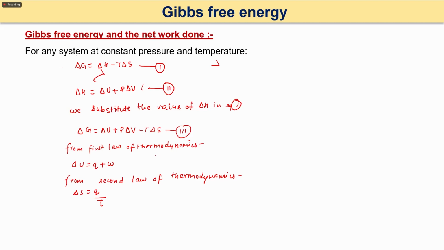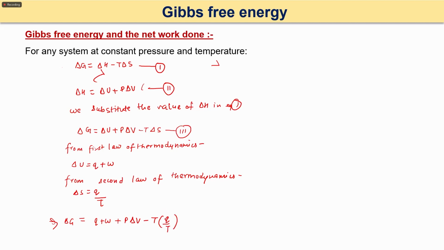What will you get? Your delta G will become Q plus W plus P delta V, and minus T into delta S in place of Q by T.